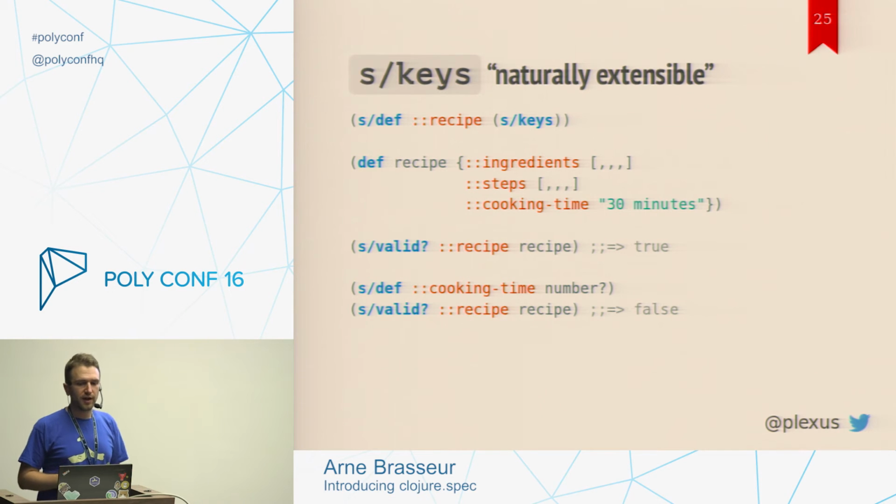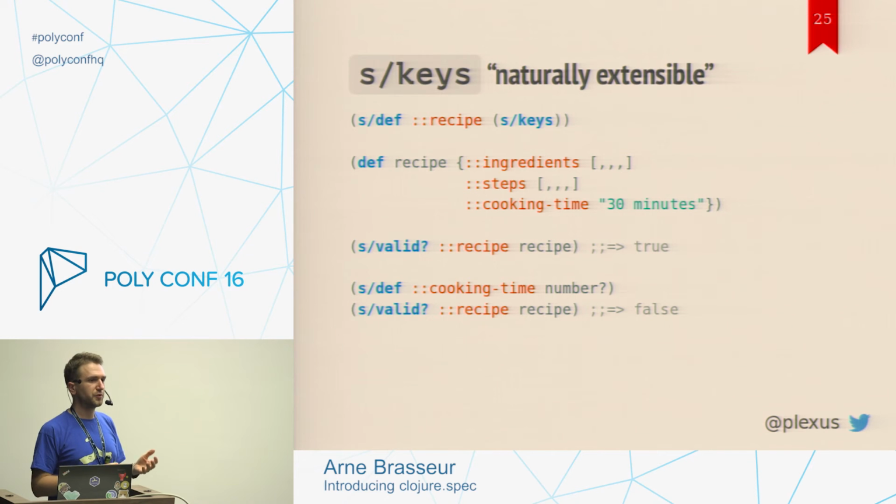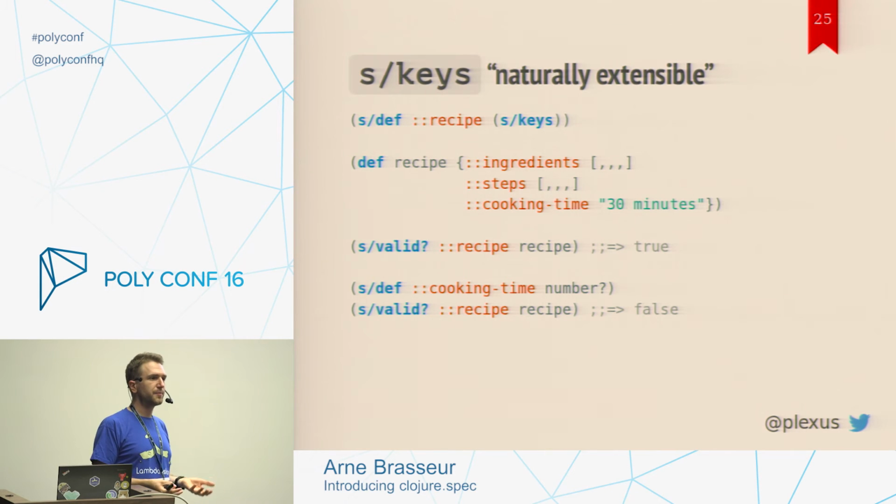So here, I'm showing that I had my original spec, which was going to check for ingredients and steps, but now we loaded an extension to our RoboChef, which says that actually now the RoboChef also needs to know how long it takes to prepare something, because your dinner needs to be ready in time. So we're adding a new key to our recipes, which is cooking time, which we didn't know anything about earlier.